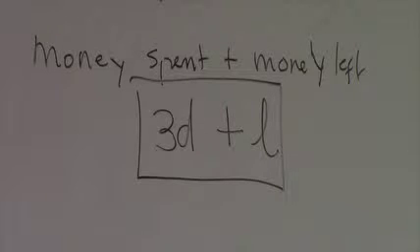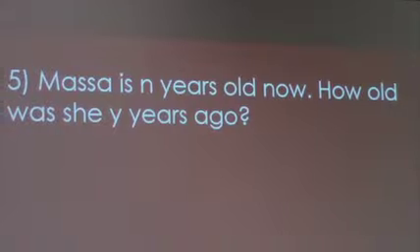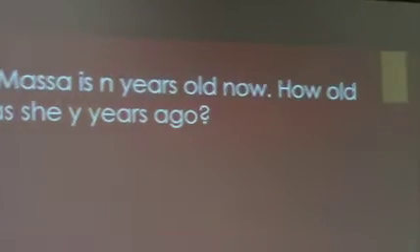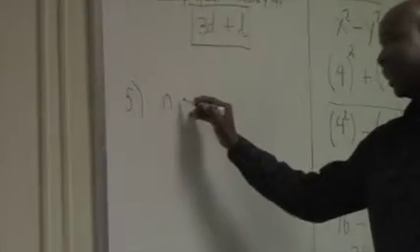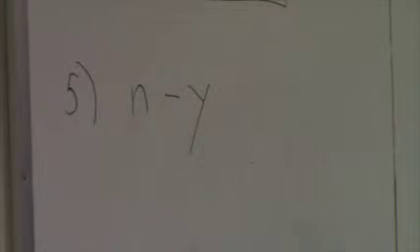So let's move to number 5. Again, another word problem. Massa is N years old now. How old was she Y years ago? So now is N. Y years ago is the past, so that's going to be N minus Y. Massa was N minus Y years old Y years ago.